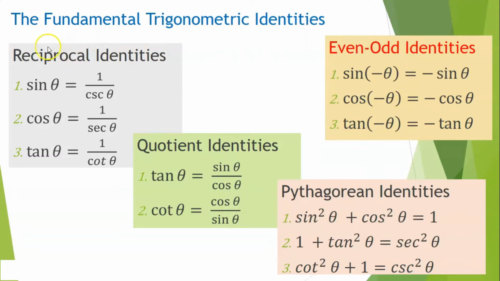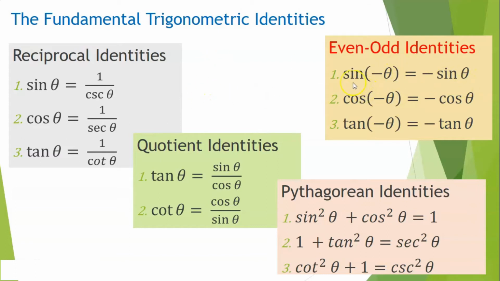Okay, so take note, these are the fundamental trigonometric identities. We have the reciprocal, we have the quotient, and we have the Pythagorean identities. And we also have even-odd identities, or sometimes they are termed as opposite angles identity. So meaning sine of negative theta is just the same as negative sine theta.